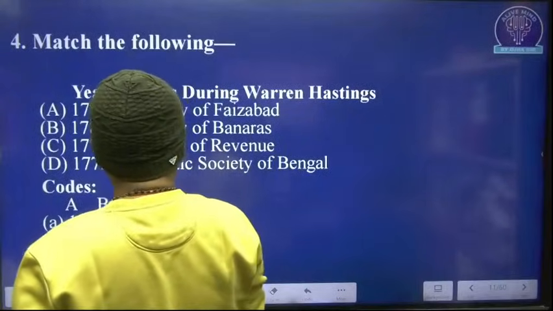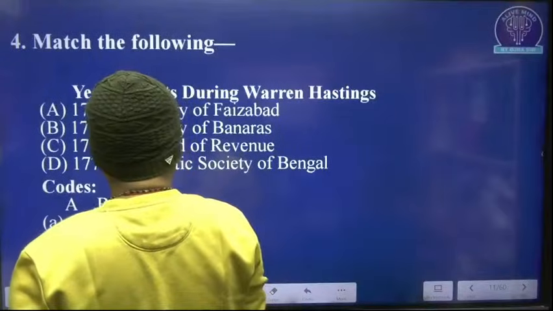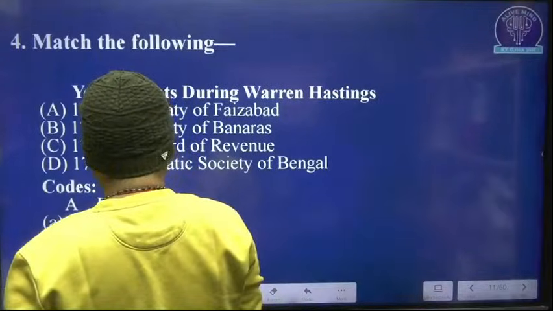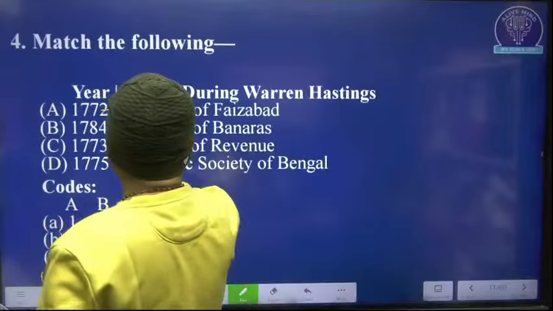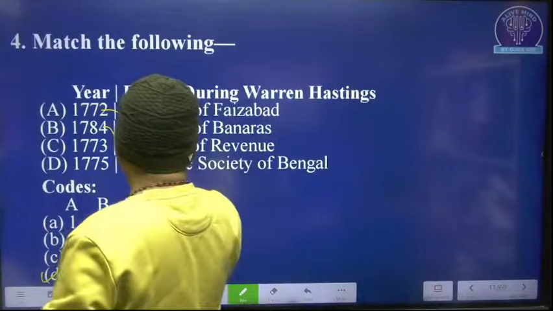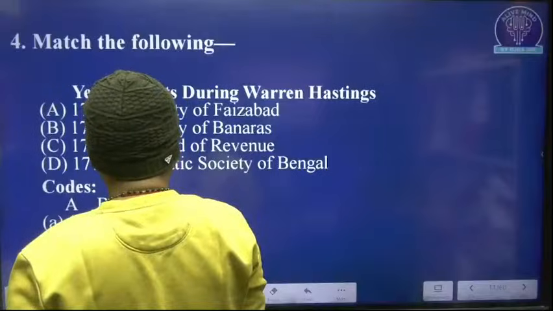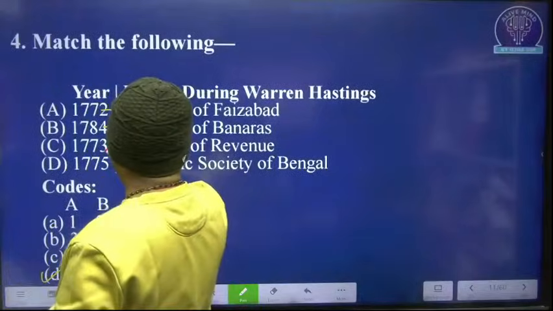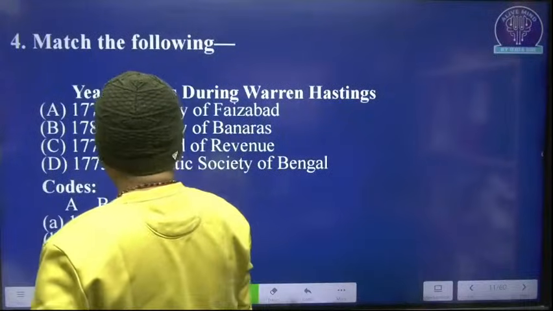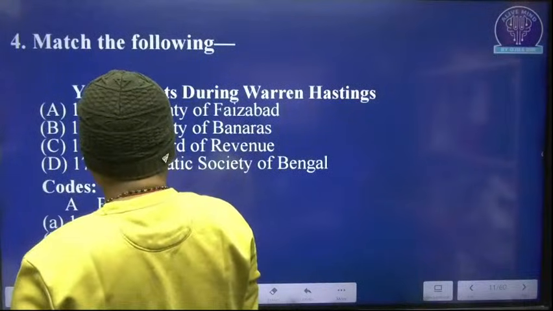He removes the Indian officer Shitab Roy and establishes a Board of Revenue in 1772. Then Asiatic Society of Bengal 1784 for translation of Indian scriptures. Then 1773 Treaty of Avadh and 1775 Treaty of Benares.